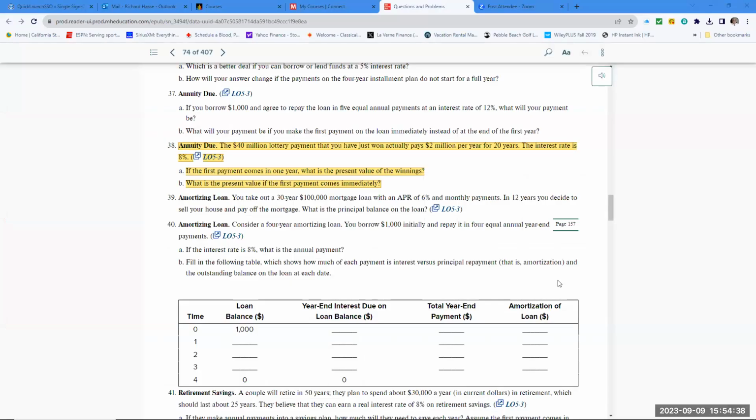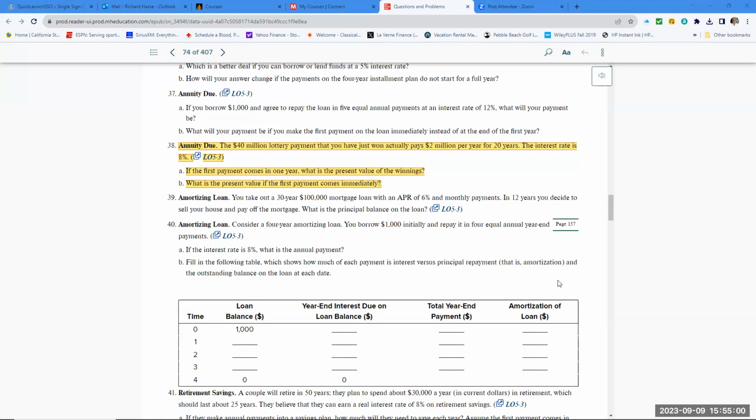Question 38 is a common question if any of you play the lottery. Let's say I win a $40 million prize in the lottery after taxes, and I have two options. I can get a lump sum payment today, or I can get that $40 million over 20 years at $2 million a year.